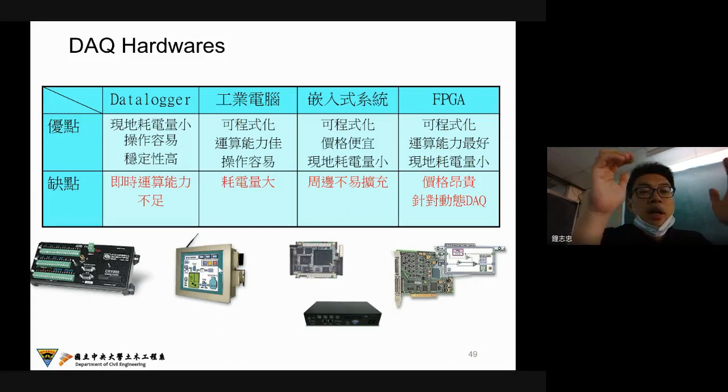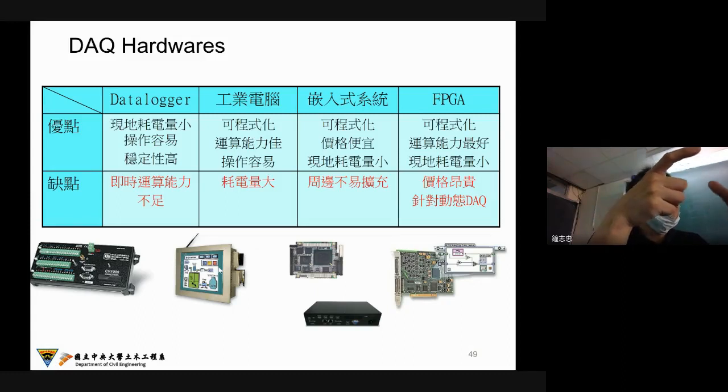Okay, and the third one is a chip embedded on the board. This is what we call an embedded system, a single board computer. Okay, less power consumption, but only the board.